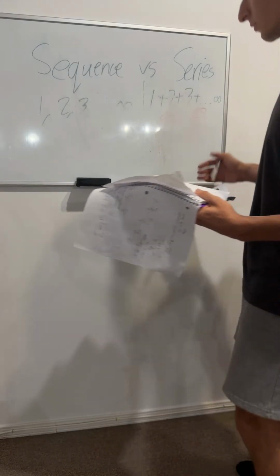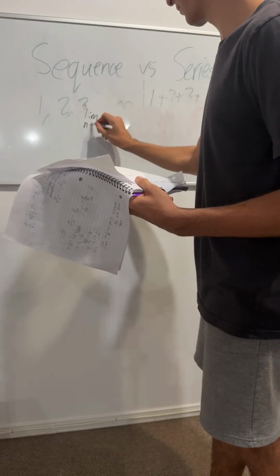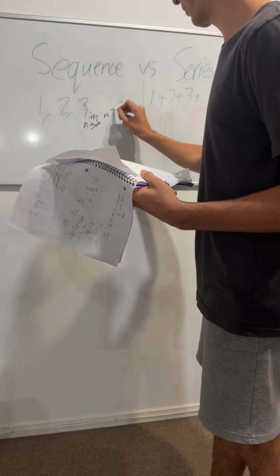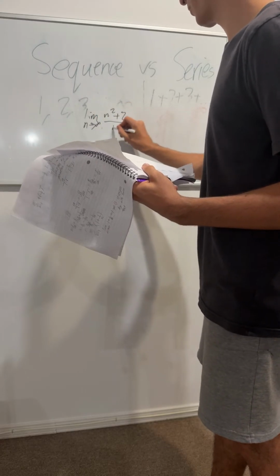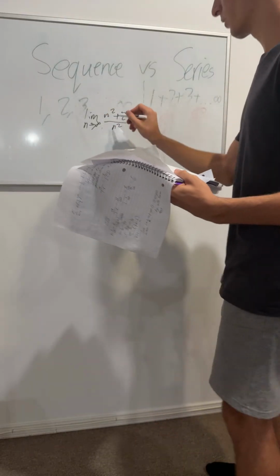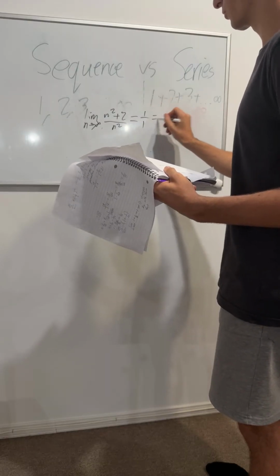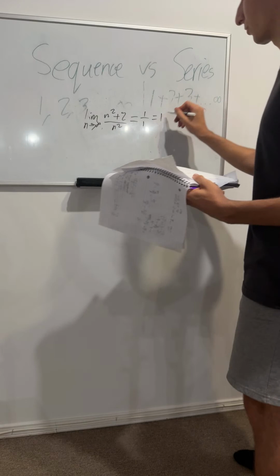So that was number 13. What I had done was I found the limit as n approaches infinity of (n squared plus 2) over n squared, and we know that we only care about the highest degree, so we have n squared, and then what we do is basically 1 over 1, which is equal to 1. 1 is not equal to 0.